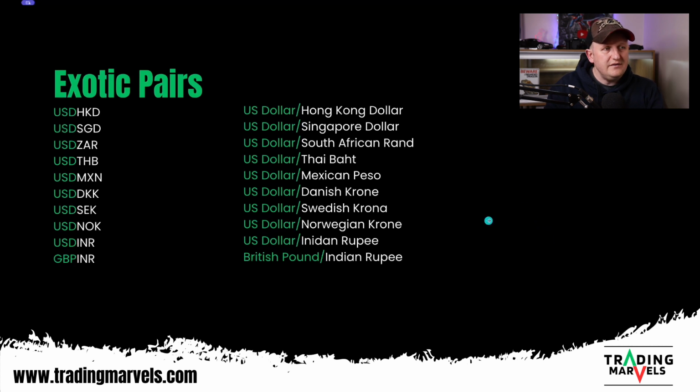You can trade these, but I would recommend trading them alongside maybe a major or a minor pair, because the movement in these is very, very slow. You wouldn't see much movement in these pairs when you're trading.